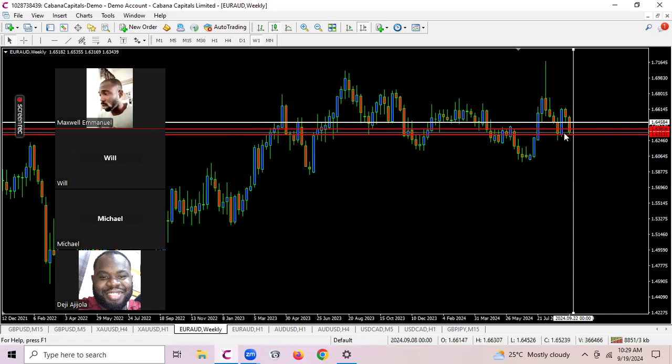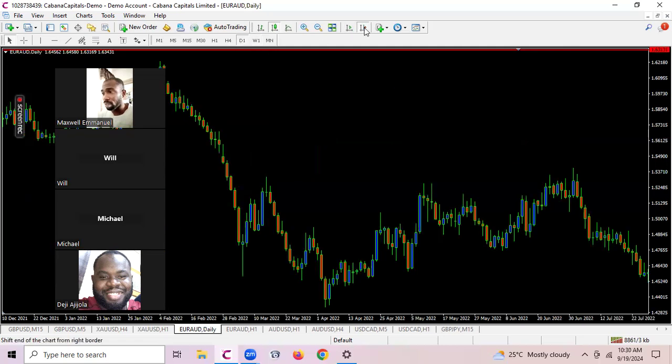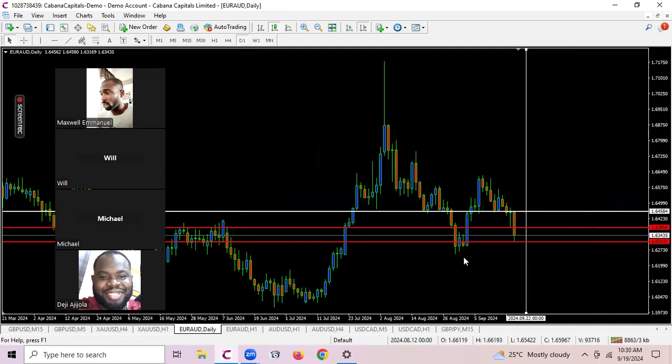So on Euro Aussie, what do I see? Let's go down to daily. You can see price just filled a fair value gap here. I'm waiting for the current 4-hour candle to close.